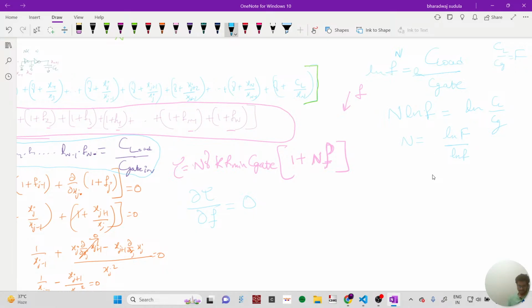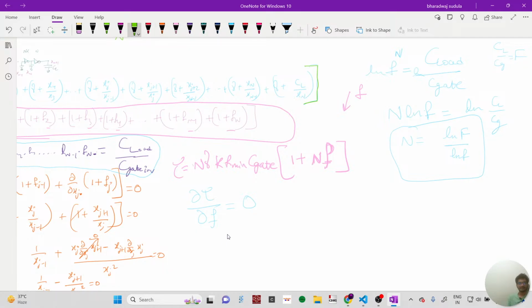So this is the n value. So maybe it's a good thing that I differentiate. No, let's keep this as is.